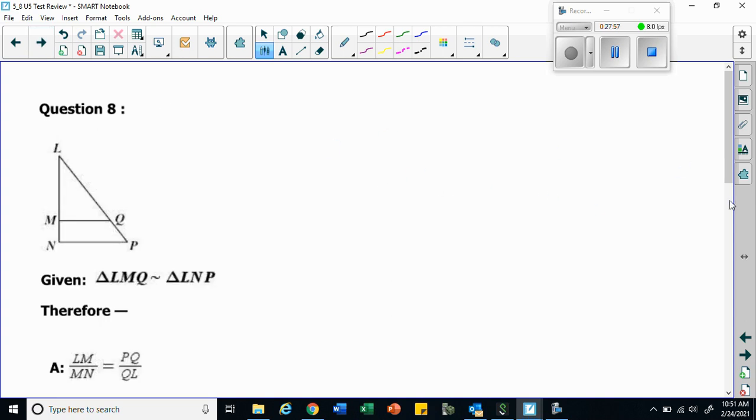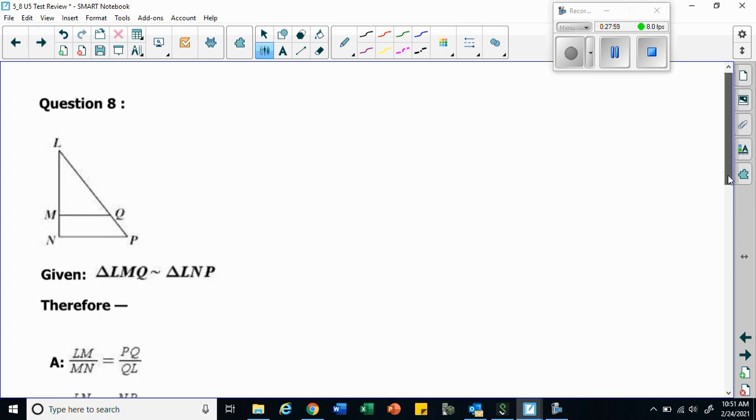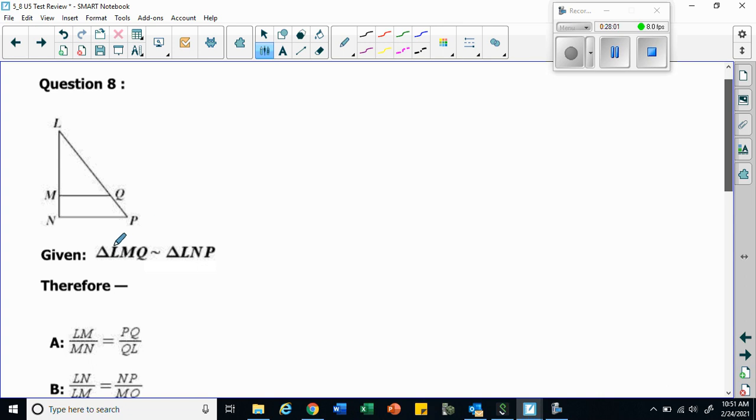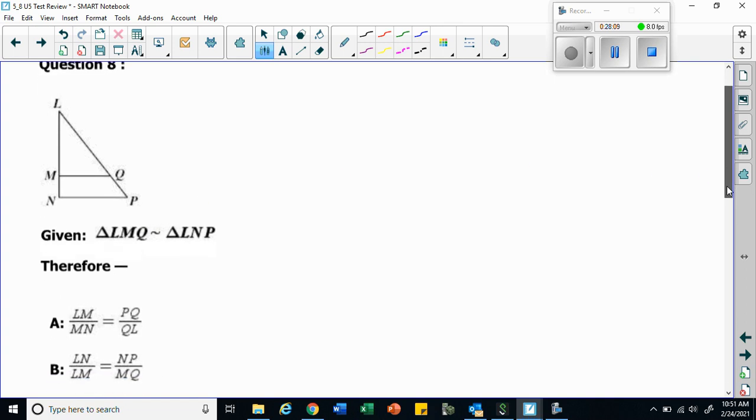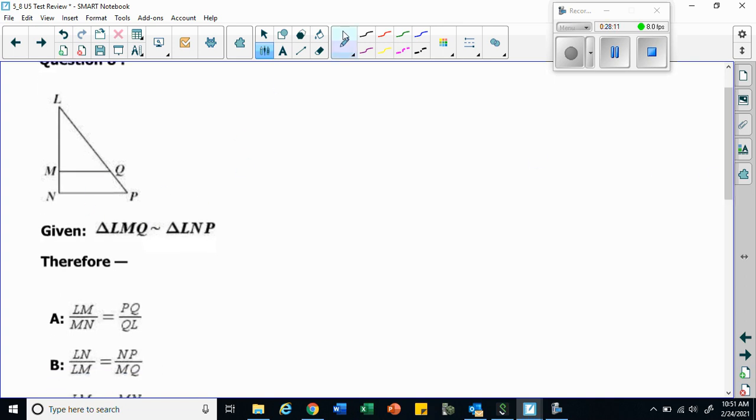All right, let's go to number 8. Number 8 says, given triangle LMQ is similar to triangle LNP, therefore, and so I believe we went over this for our review for our quiz. So what are we going to do? We're going to do color coding so we know how to set up our proportions, right?